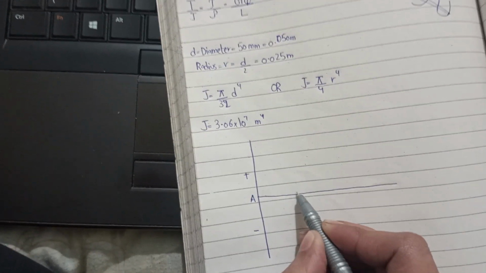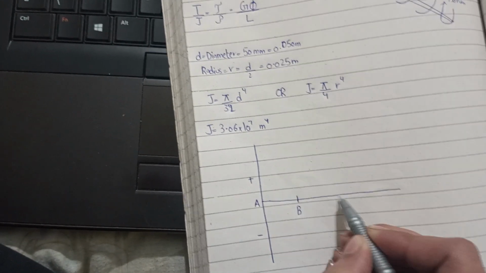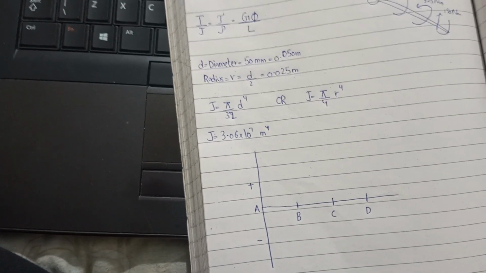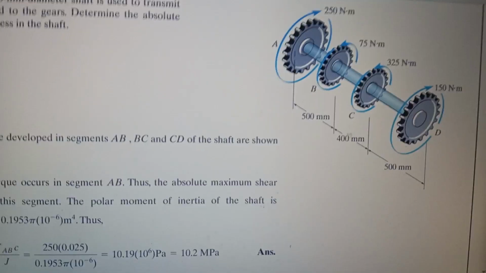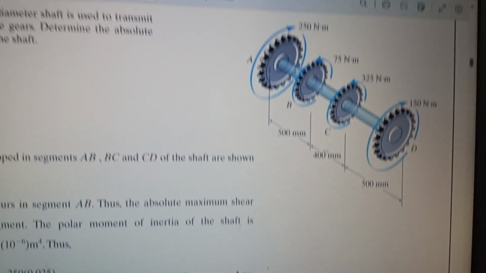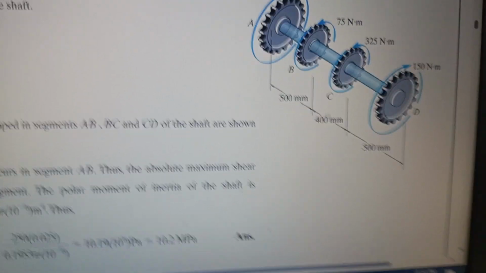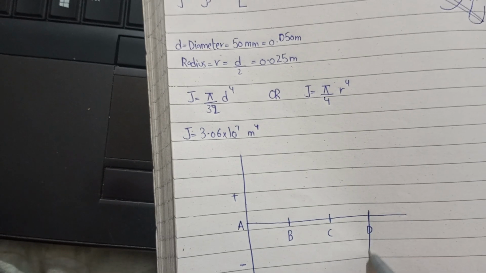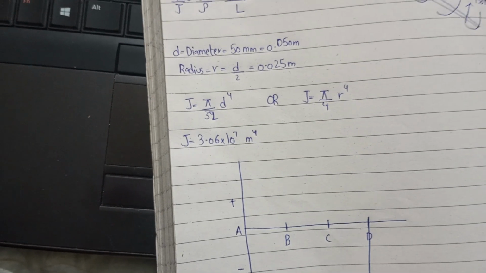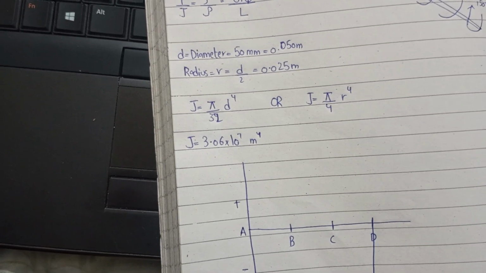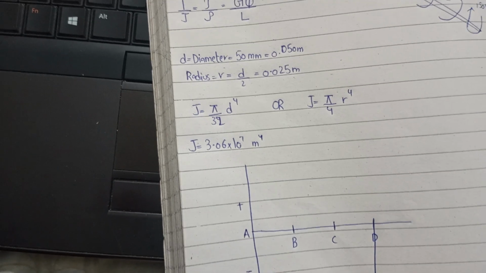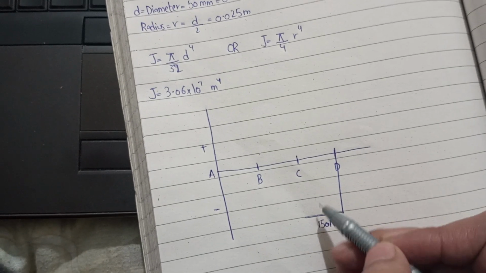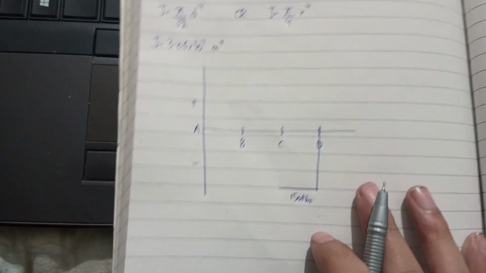This is point A, this is point B, this is point C, this is point D. At point D it is clockwise, so we take it negative according to the rules. It is constant between 2 points. This is 150 Newton meter, and like this, it is 150 Newton meter.